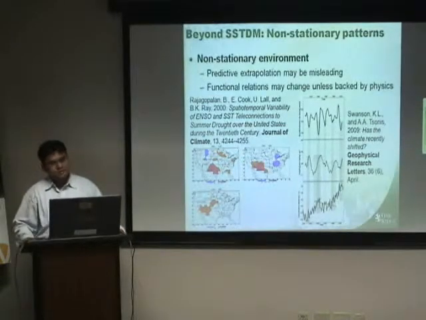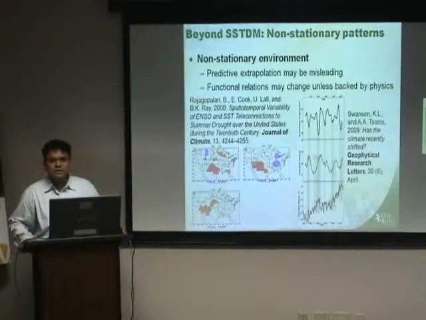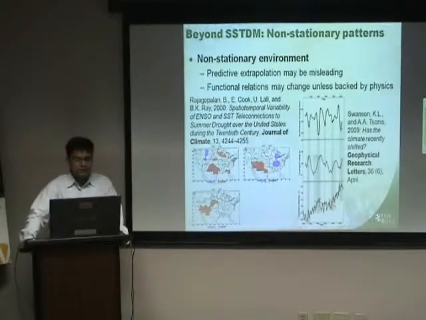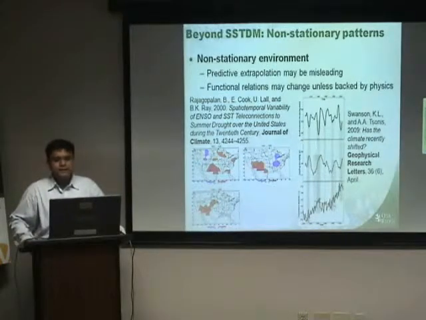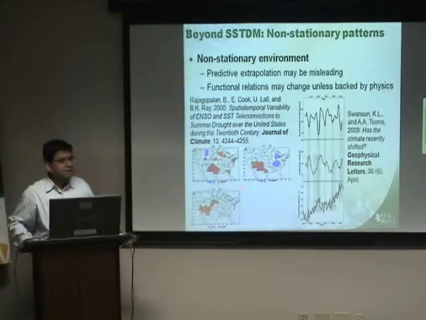Then there are several other things which means that we need to go beyond even what could be called traditional spatial and spatiotemporal data mining. There are non-stationary patterns in terms of climatic influences. So for example, how teleconnection patterns might influence regional climate over land can change within decadal time periods.